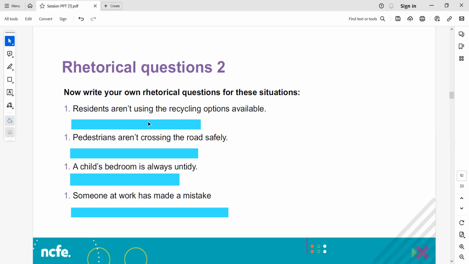What rhetorical question could you ask in your leaflet? When you're writing your leaflet, what rhetorical question could you use for that situation? Does anyone want to have a go?